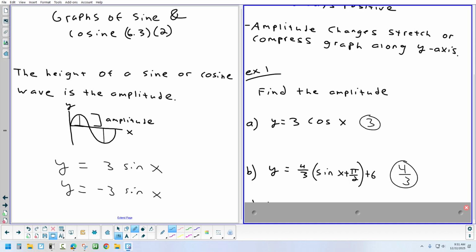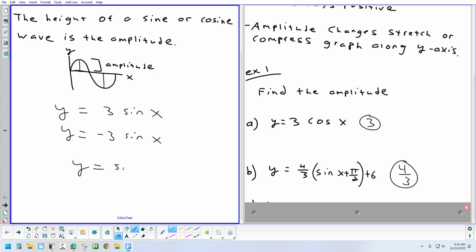There's a couple other transformations that we talked about. There's movement up and down and left and right, but that doesn't affect the amplitude. Because remember, the amplitude isn't how high that it goes. If I took a graph like this, that still has an amplitude of 1. It has a maximum value of 16, not 15, 16.